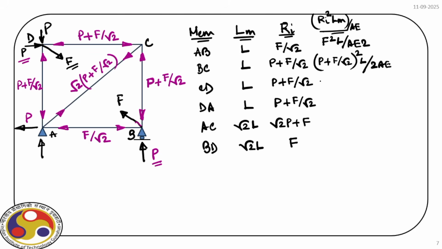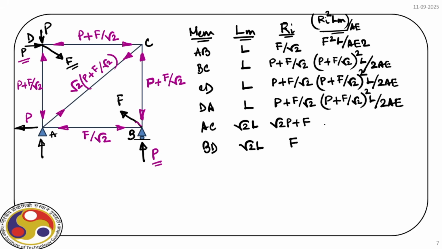Similarly, for the member CD, we have P plus F by root 2 whole square times L divided by twice AE. For DA, we have again P plus F by root 2 whole square L divided by twice AE.